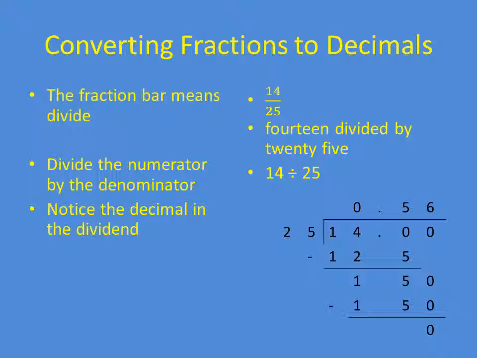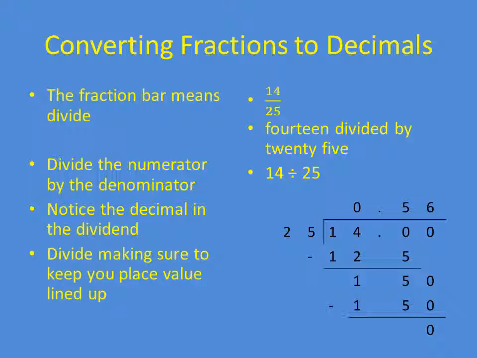This will ensure that you have that decimal in the right place, along with putting all the numbers lined up in place value. So if you notice here, all my numbers are lined up perfectly in my division, especially with my answer here.